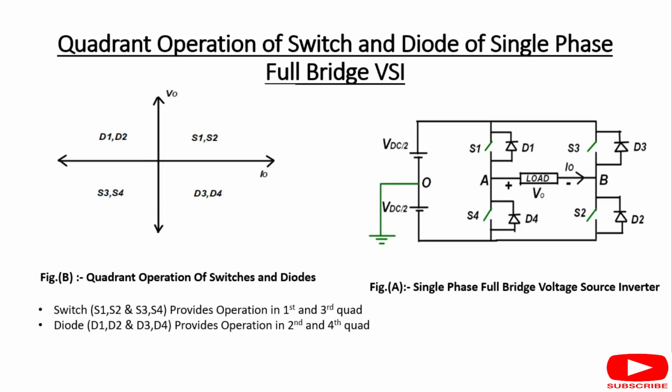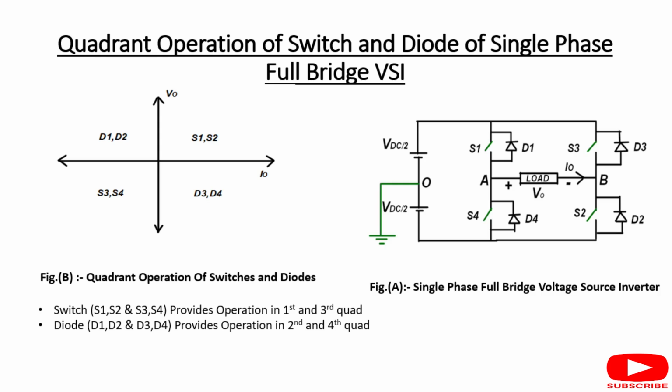Okay guys, let's have a look at the quadrant operation of the switches and diodes of the single phase full bridge voltage source inverter. We have already defined the value of output voltage during the switching operation of S1 S2, and also during the operation of S3 S4.